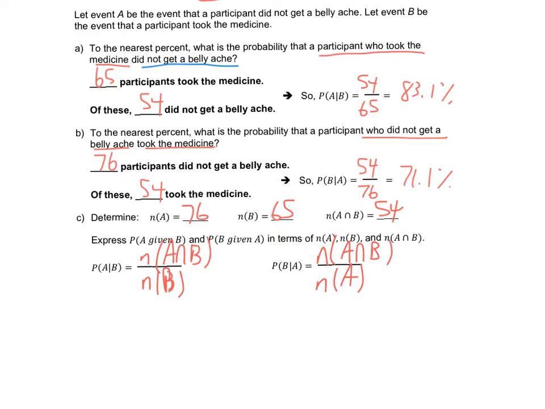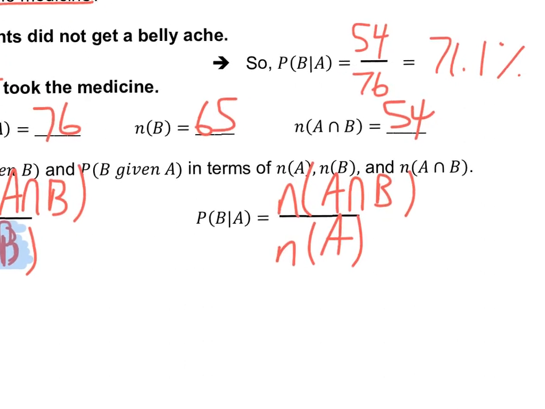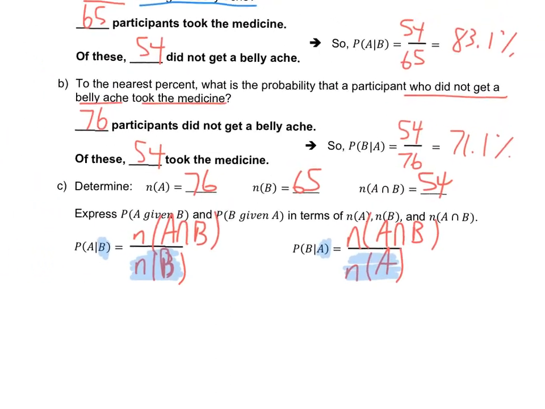So when it's the probability of A given B, then B is your sample space, notated there in the denominator. And over here, when it's B given A, then A is your sample space in the denominator. That is the difference between these two statements.